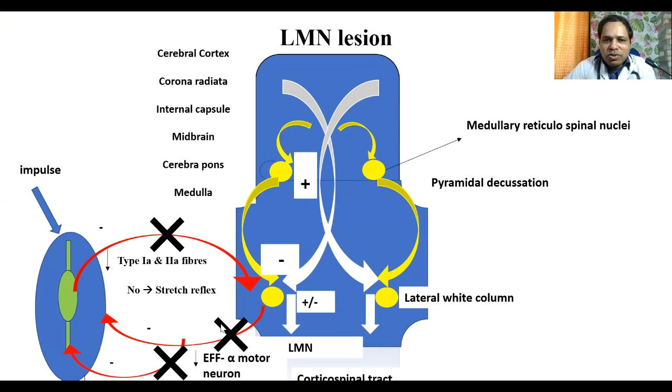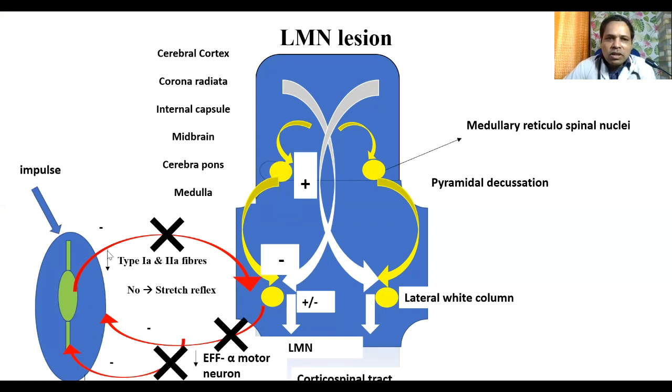Whereas if you damage the lower motor neuron, in this case, suppose this is intact, this is also intact. It would have gone physiologically, but as there is a lesion in this lower motor neuron, either in the extrafusal fibers supplied by the alpha motor neuron or in the gamma motor neuron, the positive that you saw here becomes negative.